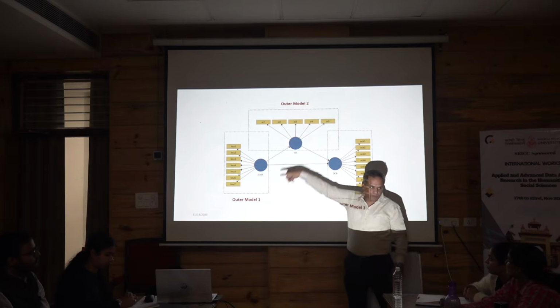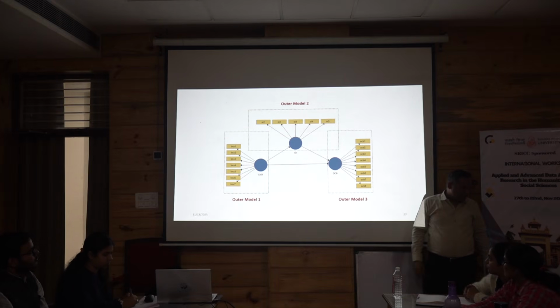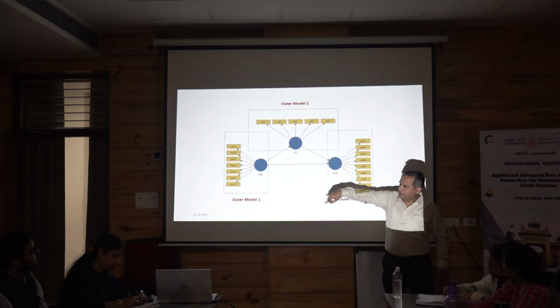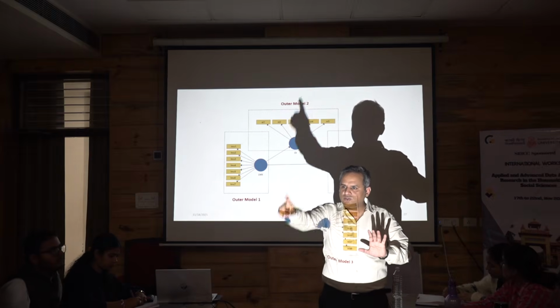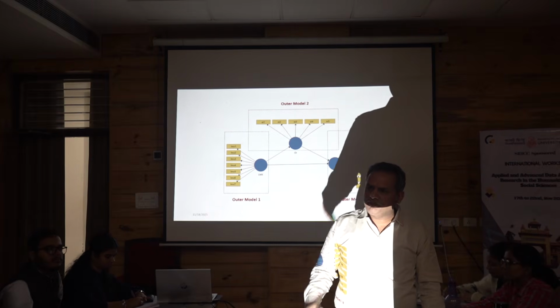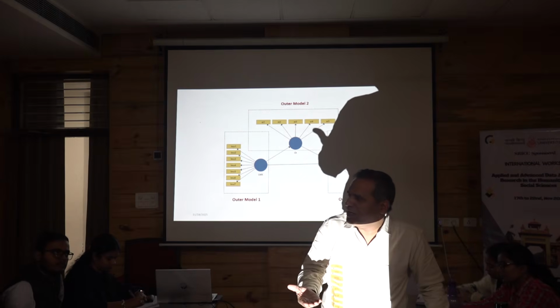People should not see all items as one. You see some people, if you circulate a questionnaire on WhatsApp, they answer strongly agree, strongly agree, strongly agree. It means they are not reading and answering. They are not differentiating between the items.